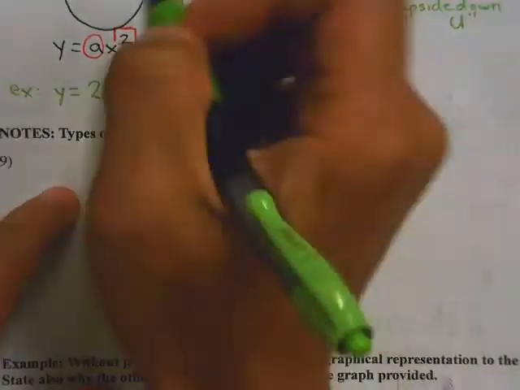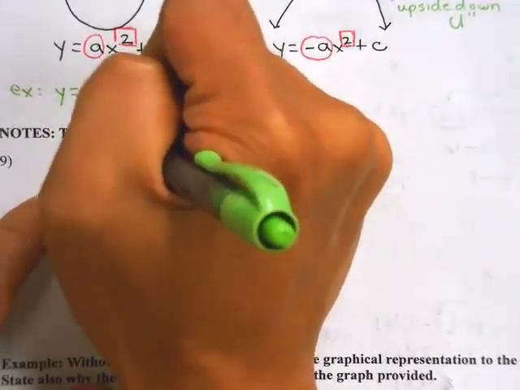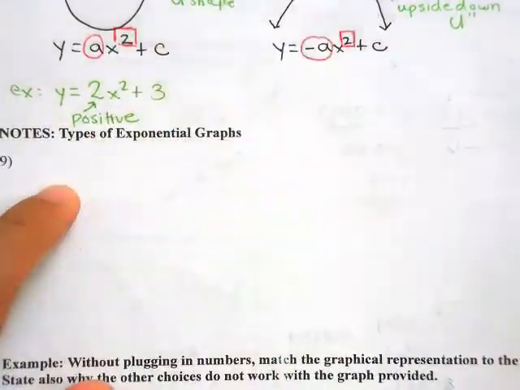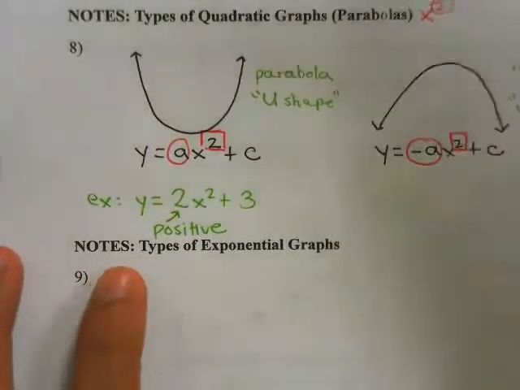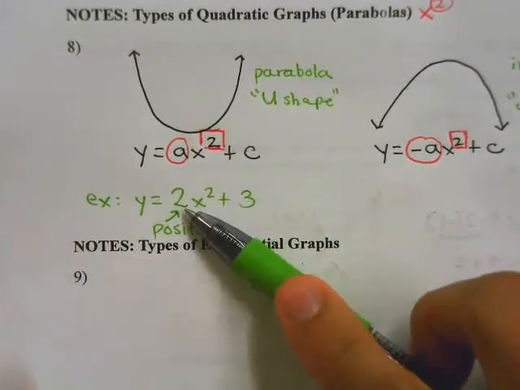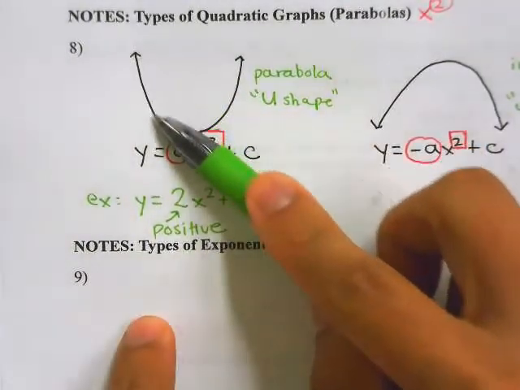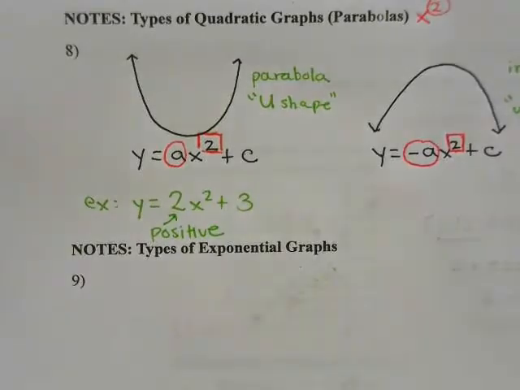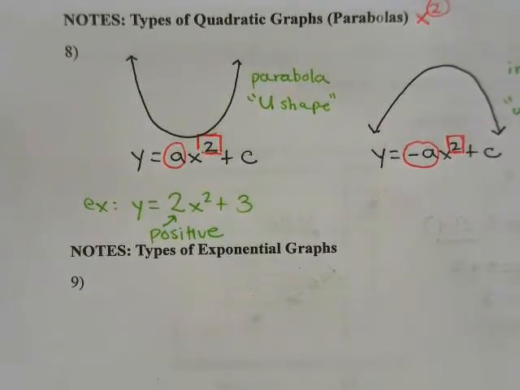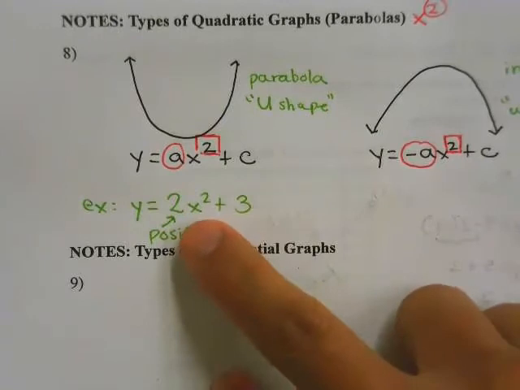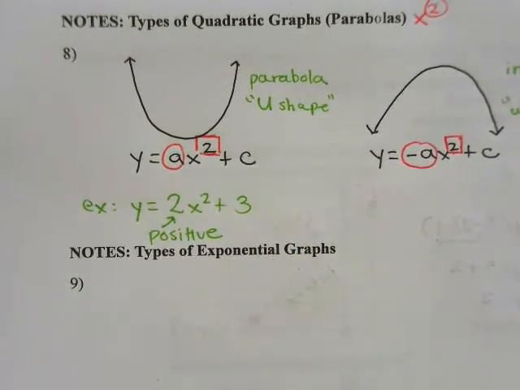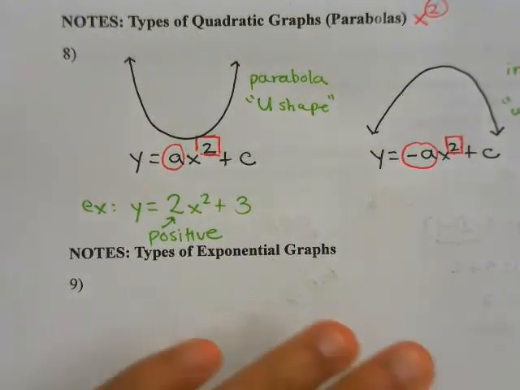Okay. And if you notice, it is positive. So if the number in front of the x squared is positive, it's going to face upwards. It's going to be a regular U-shaped parabola. So it doesn't matter what this value is, it just matters what is in front of the x squared value. Okay?